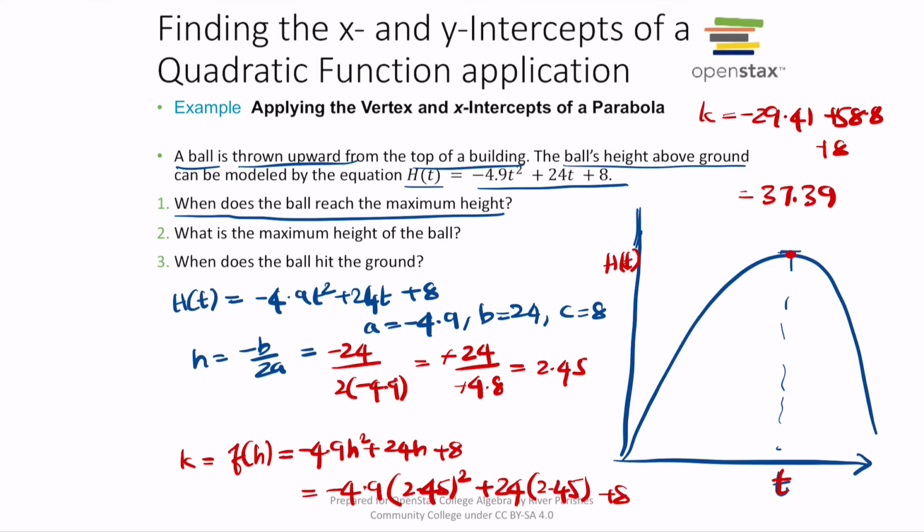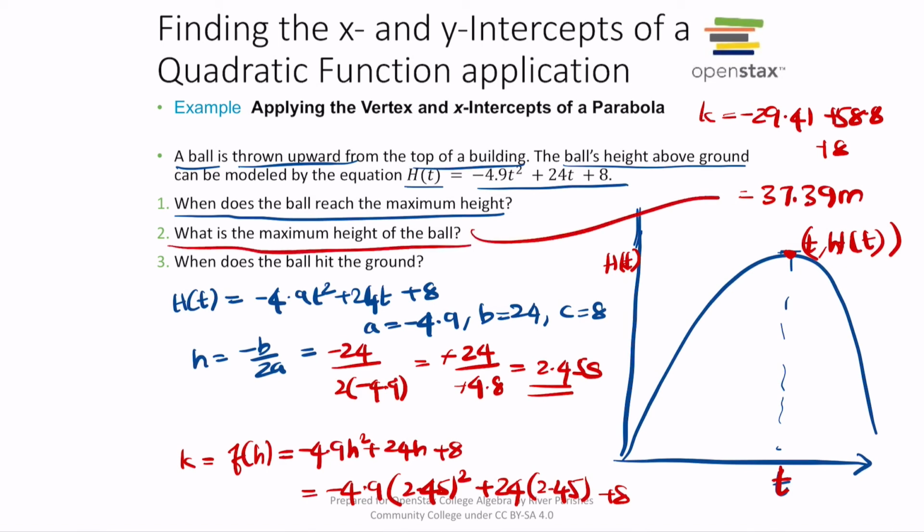So the coordinate that you found here is t comma h of t. So the time at which it reaches the maximum height, this is seconds, and this value that you found is in meters. So the second answer is this one, 37.39 meters, and time is this one that you found.